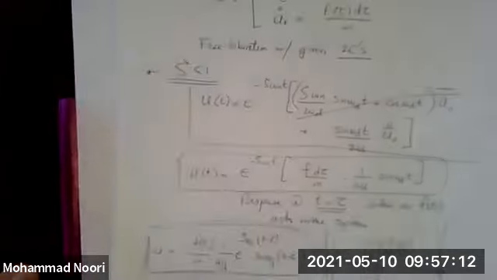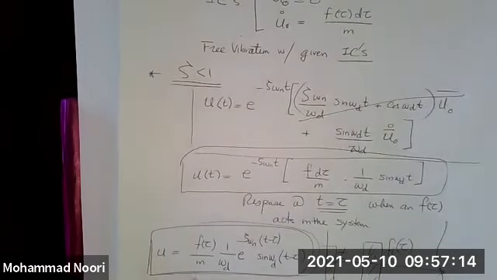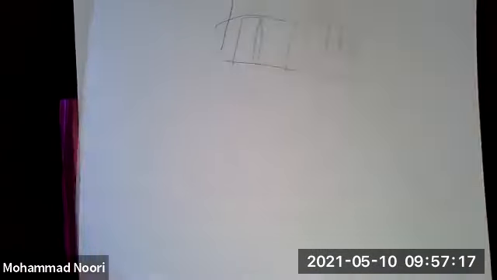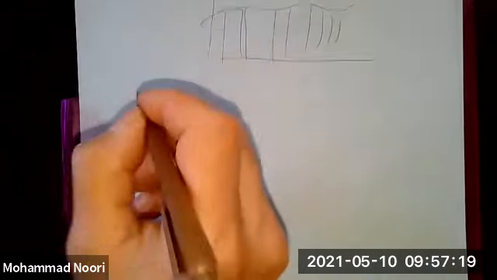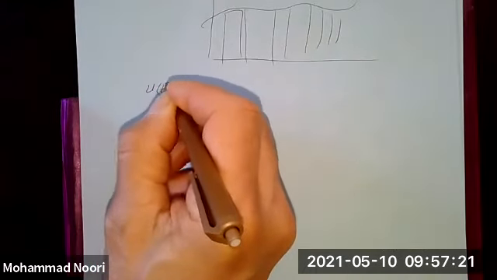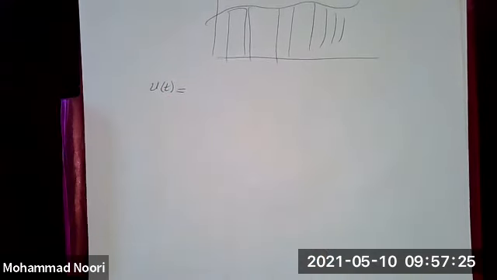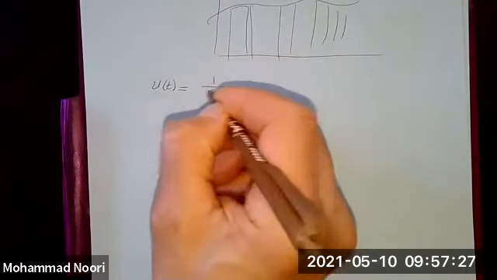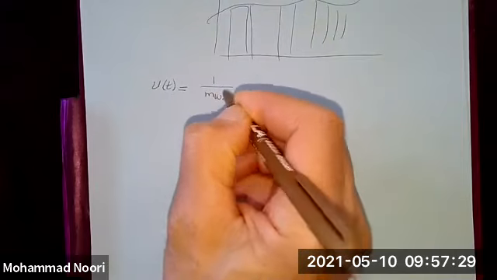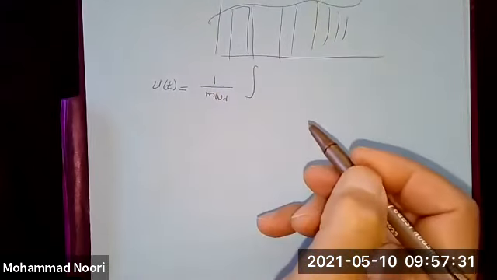The response u of t due to all of those impulses: m and omega d are constant, so they come out of the integral.